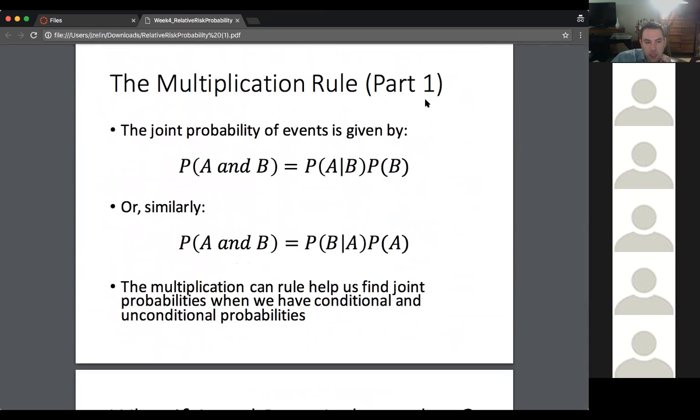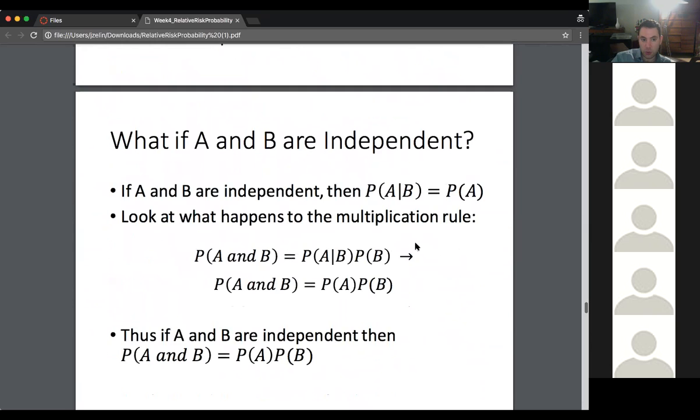So we have the multiplication rule for finding these joint probabilities for dependent events. We could say that the probability of A and B is equal to the probability of A given B times the probability of B. Or similarly, that the probability of A and B is equal to the probability of B given A times the probability of A. This multiplication rule can help us when we have conditional and unconditional probabilities and want to calculate the joint probability.